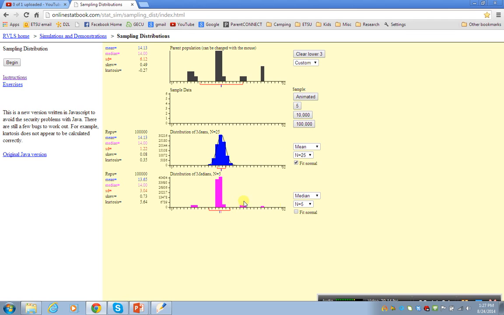So if I take the median and I only have 5 versus if I do 25, here, median doesn't quite work the same, but you see the general idea here with the distribution of the means. This is really what we're talking about when we're talking about the central limit theorem.